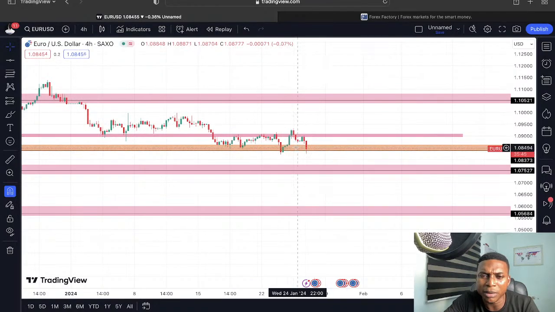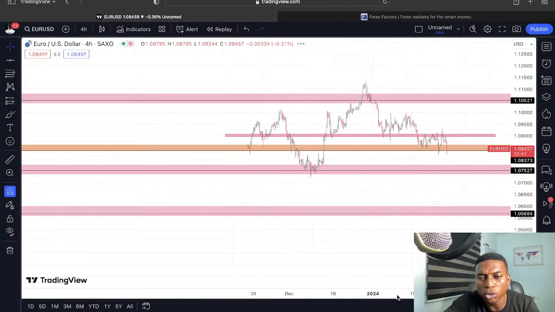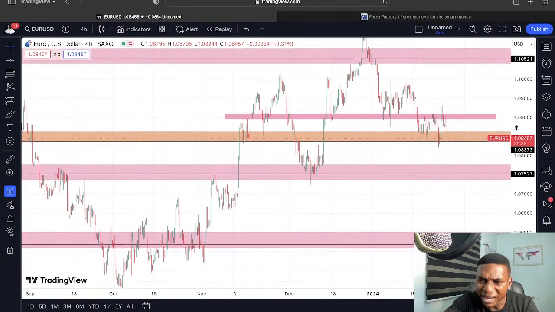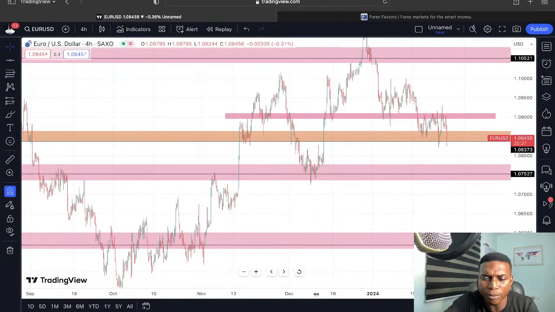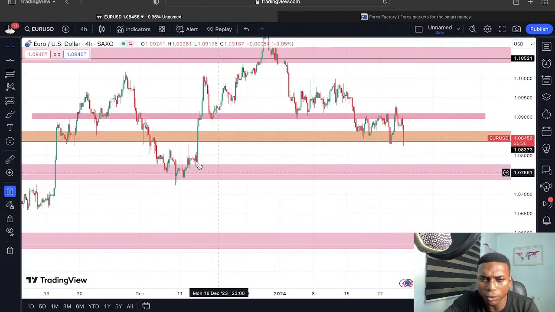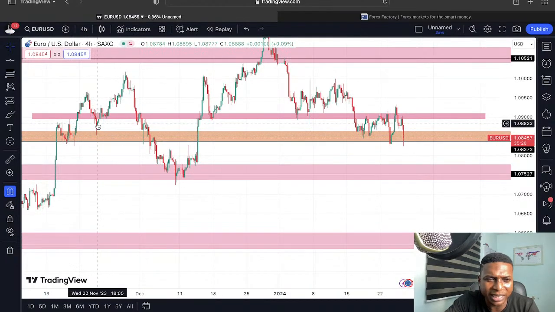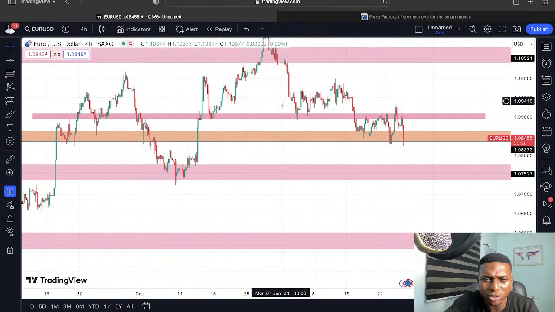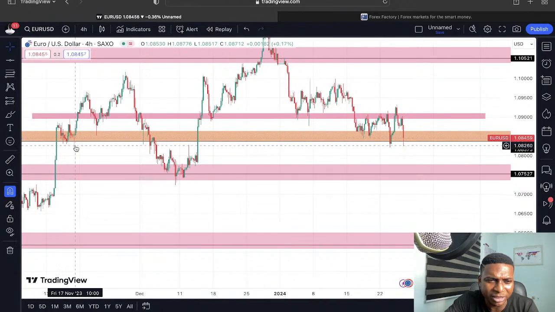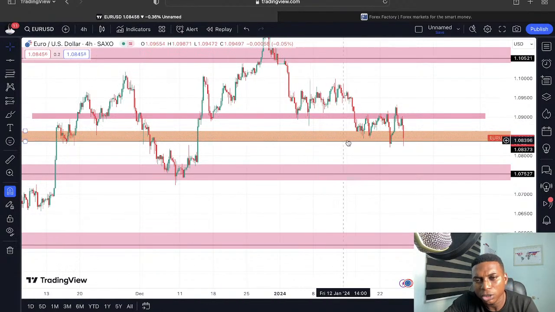Then we saw that the market is currently sitting at a support zone. Even though this zone is a minor support zone, it is also a very important zone to watch out for, because you can see how price has been rejected, having touched that level.